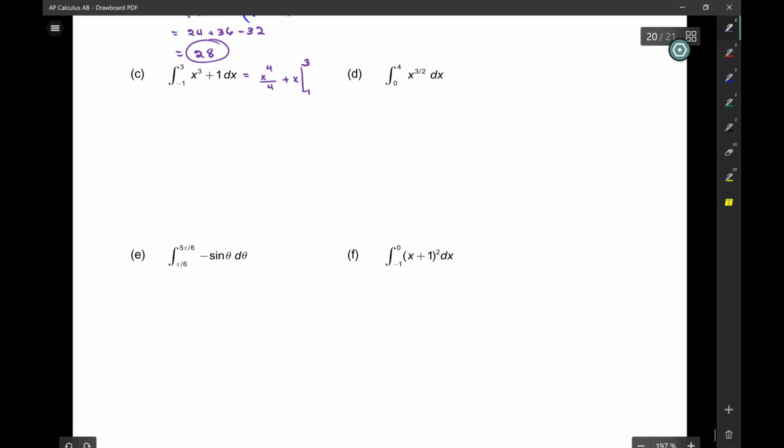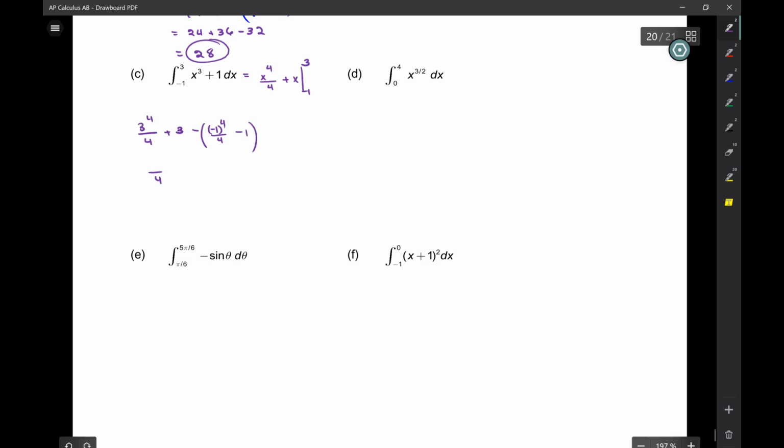So when I plug the 3 in, I get 3 to the 4 over 4 plus 3 minus negative 1 to the 4 over 4 minus 1. Right? So that's 3 to the 4 over 4.